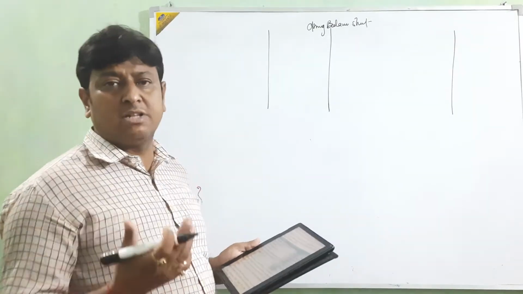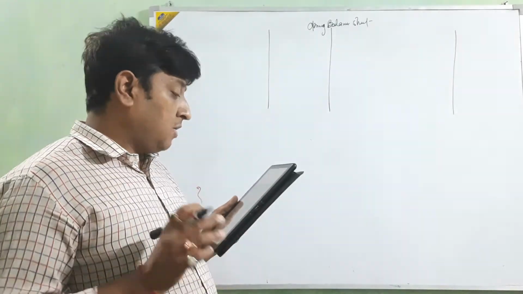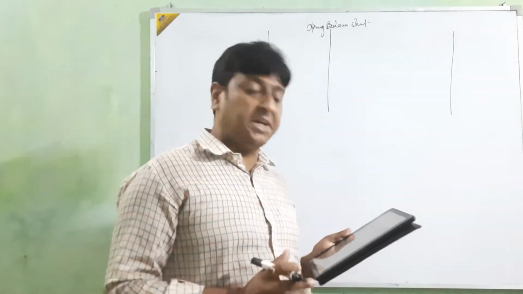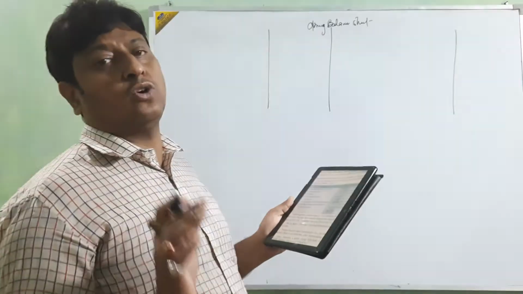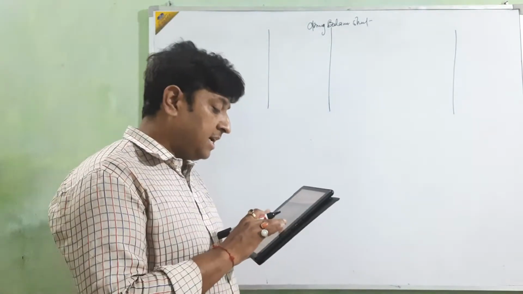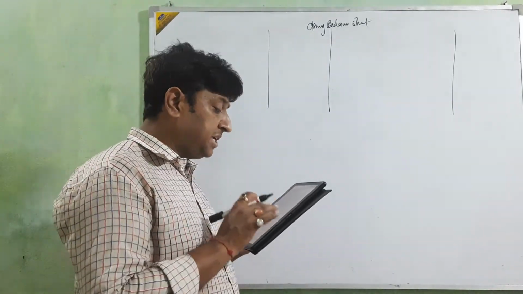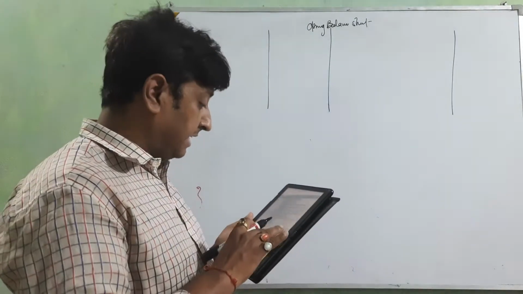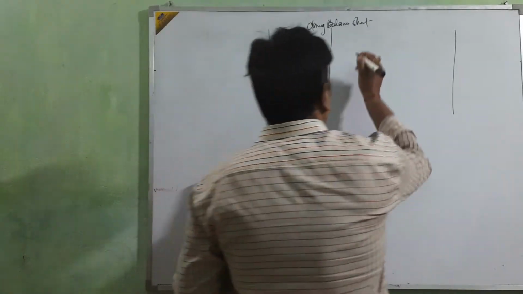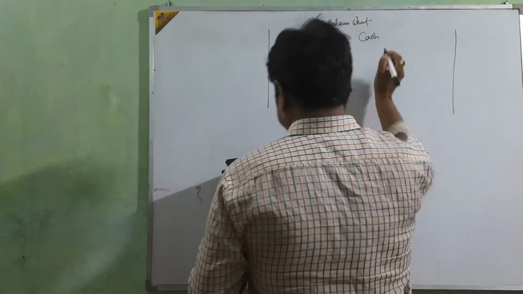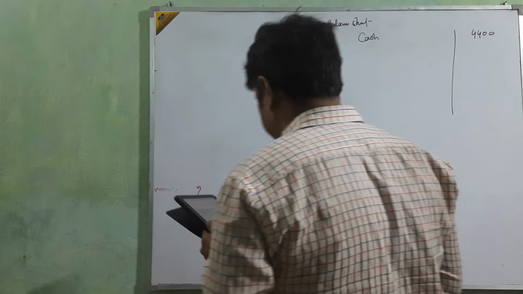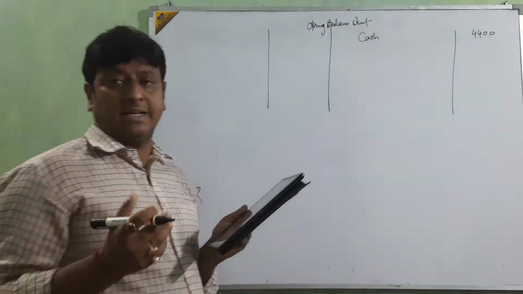The closing balance c/d will show in the closing balance sheet as cash. So in the opening balance sheet, cash is 4400.